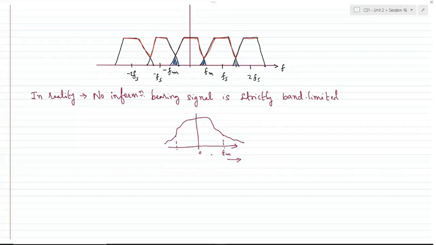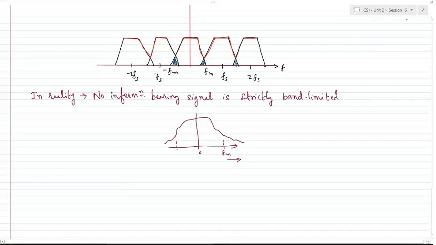Please make sure that one limitation is with respect to the filter characteristic to recover the waveform from sample data, where they cannot have infinite rise and falling time, and that's the reason we go for oversampling. Alternatively, the information bearing signals themselves in reality will not be band limited. So those are the two reasons for which we go for a sampling rate much greater than the critical sampling rate, which is 2 fm.